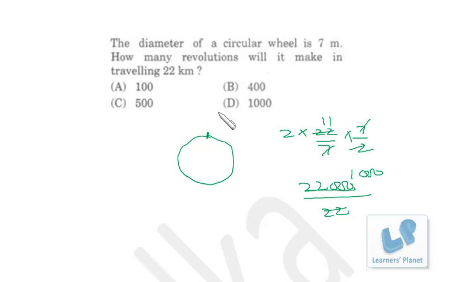A very simple problem, and I'm sure you are able to understand this. When a circle moves along its circumference, the length of the circumference is nothing but the length of one revolution.